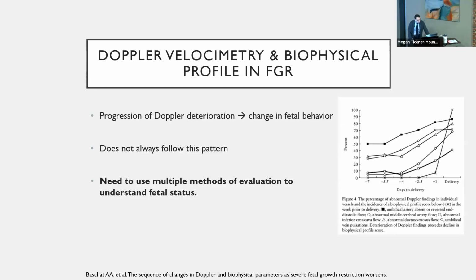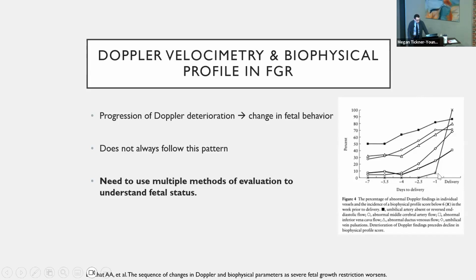Since fetal Doppler sampling represents the severity of placental dysfunction and growth restriction, researchers have investigated the relationship of Doppler progression with fetal activity. The Doppler changes in FGR occur over a relatively long time, usually before an abnormal biophysical profile. And with the graphs on the right, you can see that you have a higher and higher percentage of fetuses with abnormal umbilical, MCA, and ductus venosus findings.